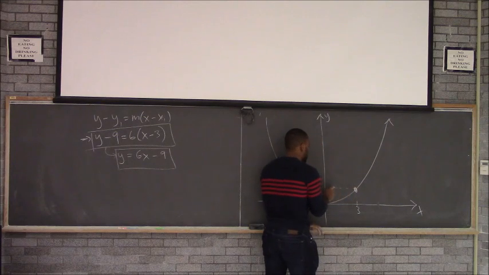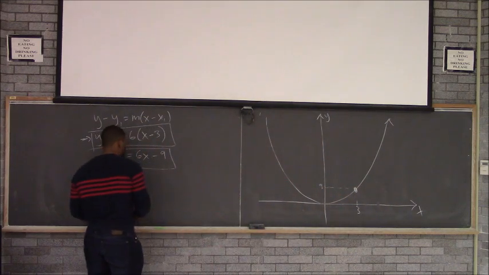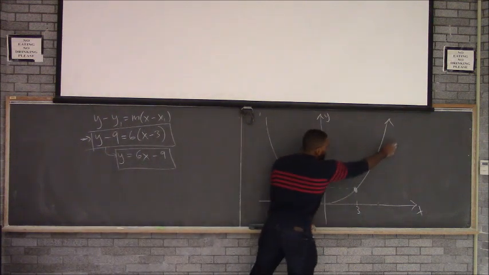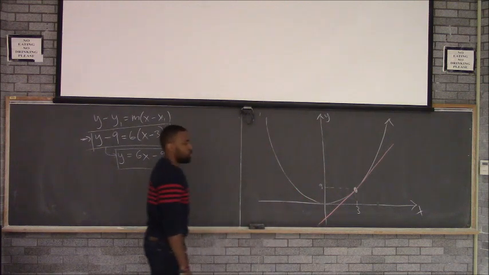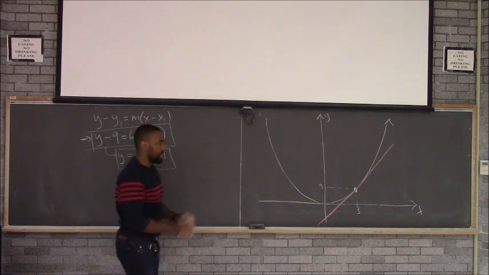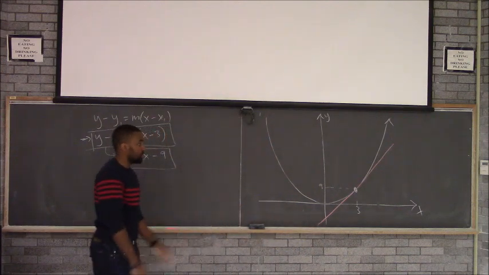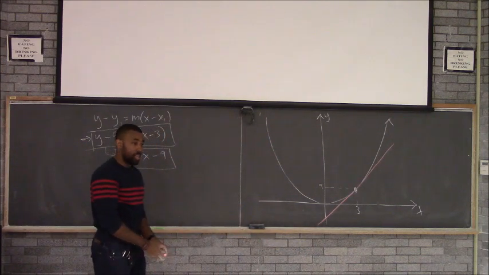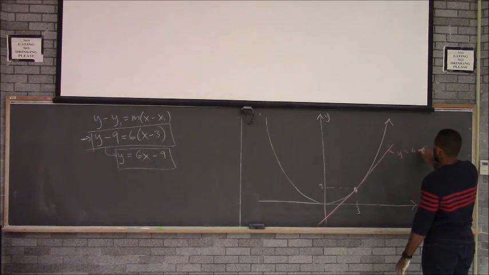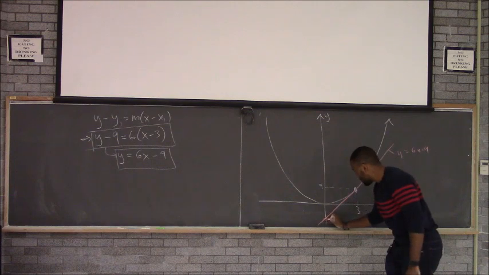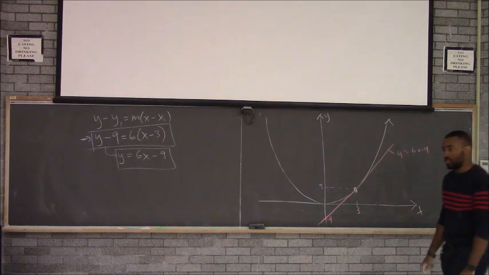At that point, the y coordinate was 9. What we wanted to find was the equation of the line that touches this curve at the point x equals 3 in such a way that if I were to zoom in, that line would look like the curve. And what is that line? Well, this is going to be the line 6x minus 9. The y-intercept here is going to be minus 9, and the slope will be positive 6.